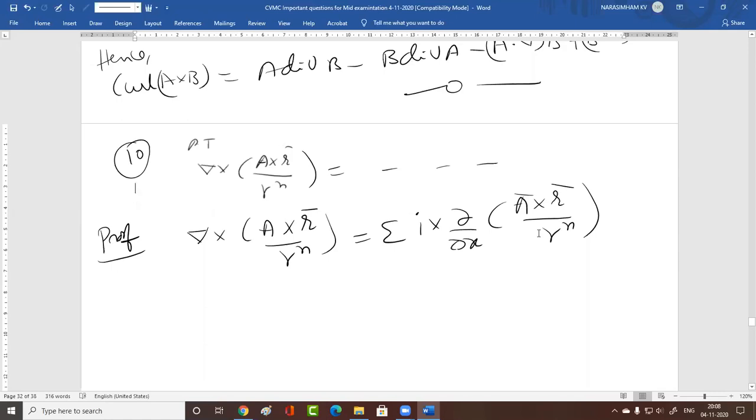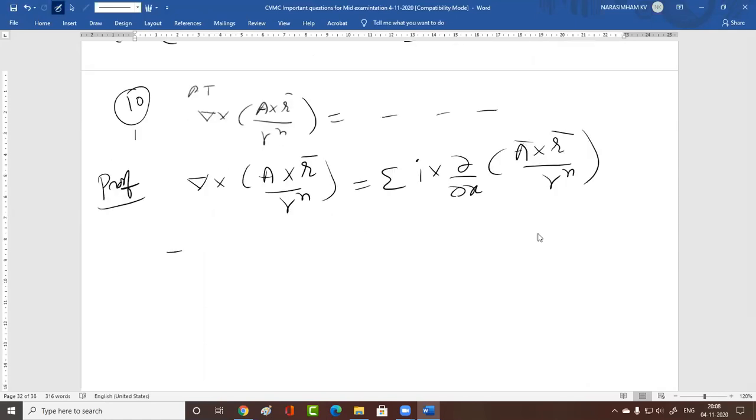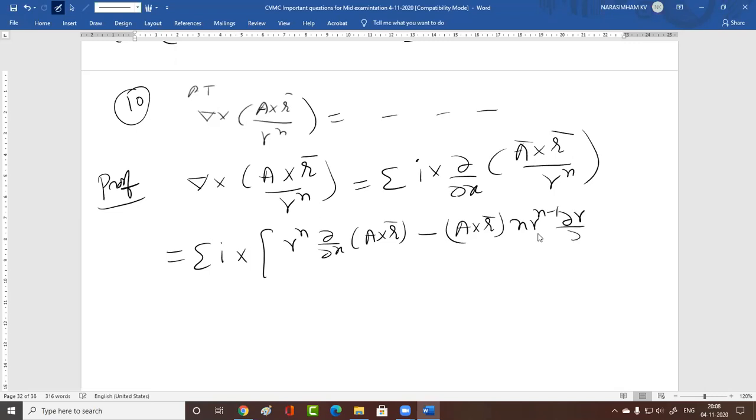Okay. This is sigma i cross, U by V rule: R power n into dou by dou x of A bar cross R bar minus A bar cross R bar into the derivative of R power n, which is n R power n minus 1 into dou R by dou x, divided by R power 2n.